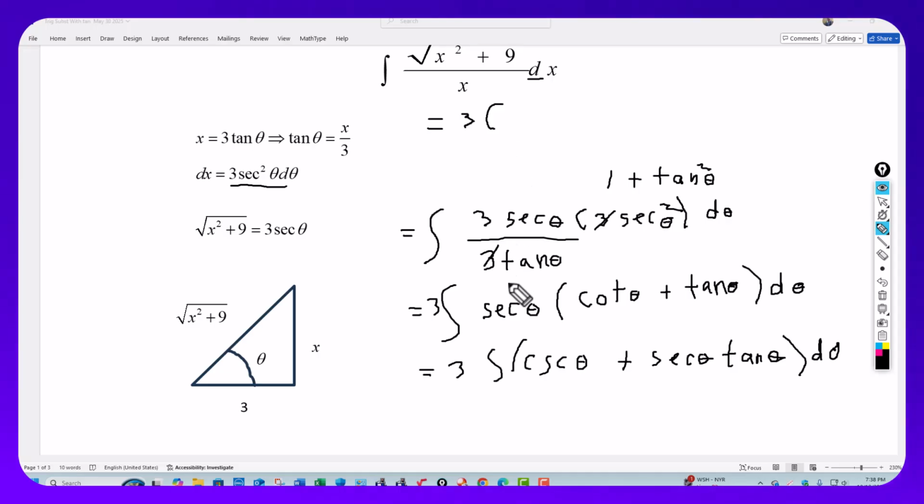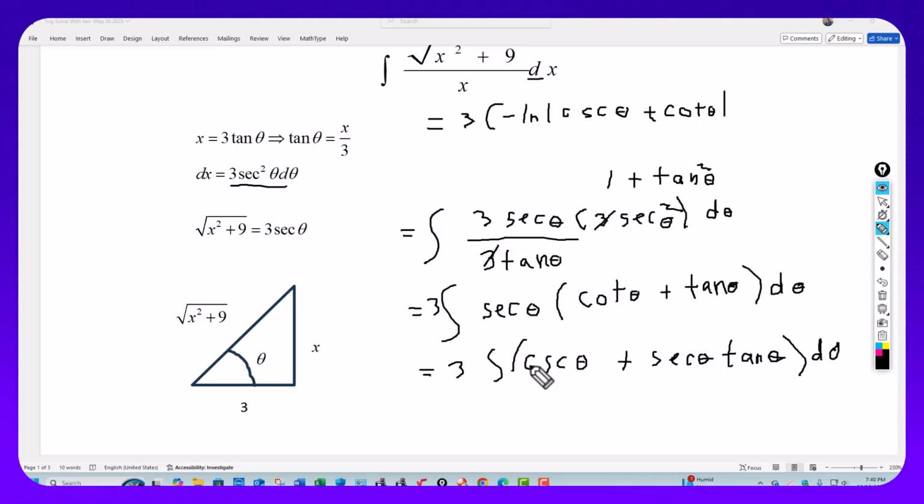So the formula for the integral of cosecant, there are 2 forms of the formula. I'm going to use this one here. It's minus the natural log. It's similar to the one involving the integral of secant, except this is cosecant. And this is going to be the absolute value of cosecant of theta, and then it's plus cotangent.